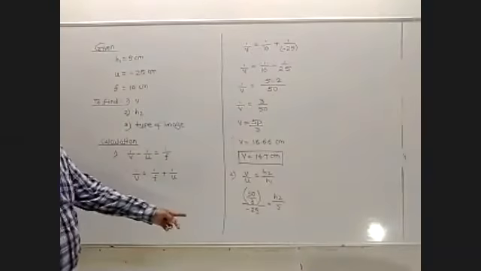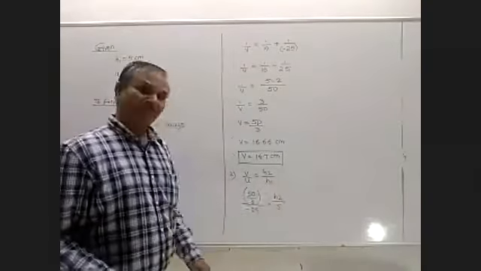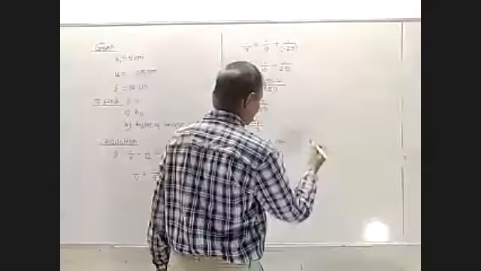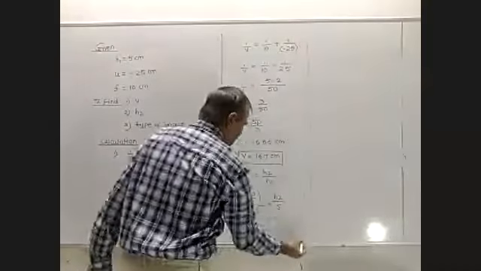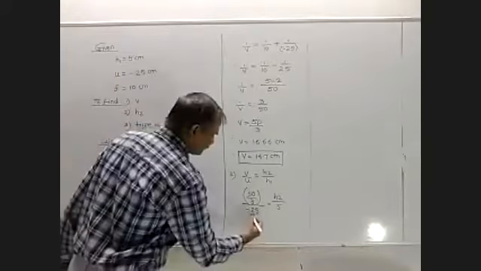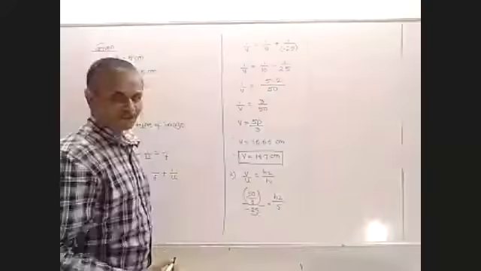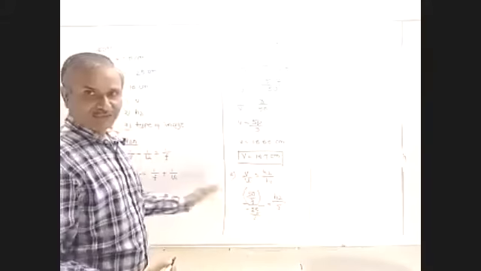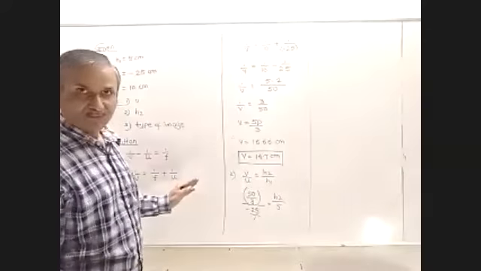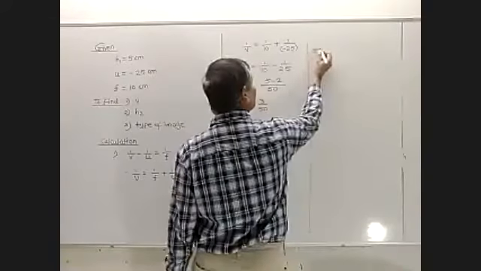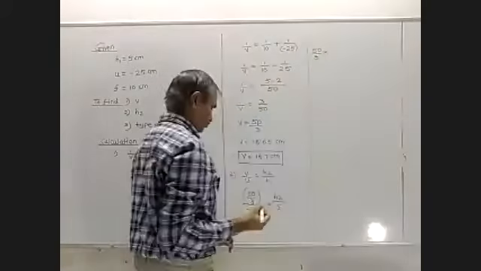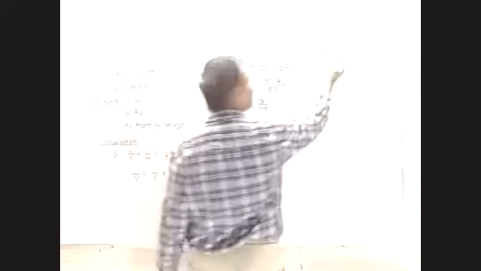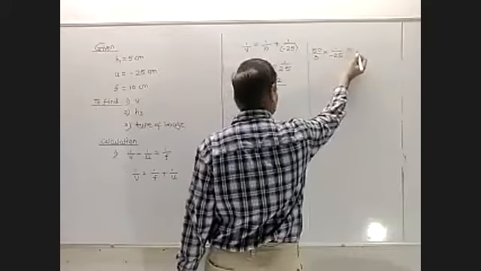Now division is reciprocal of multiplication, so it is 50 upon 3 into 1 upon minus 25.